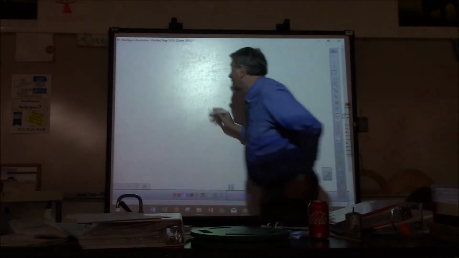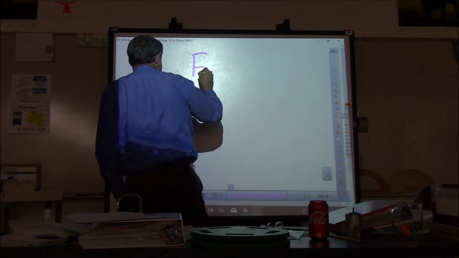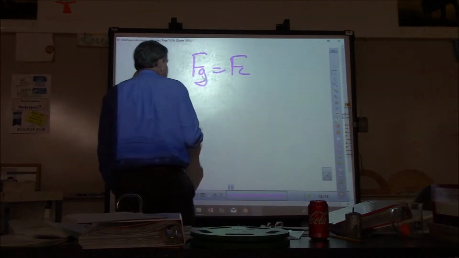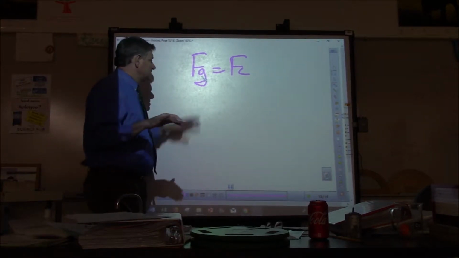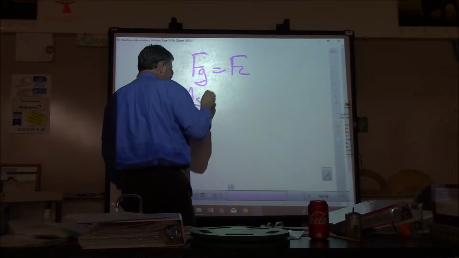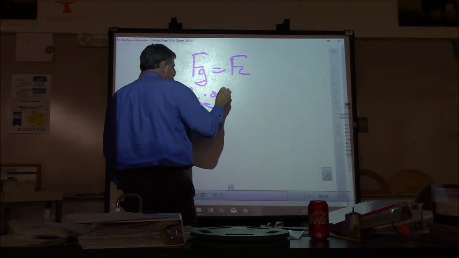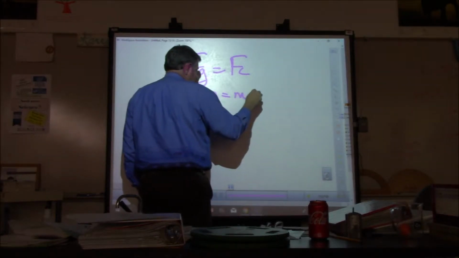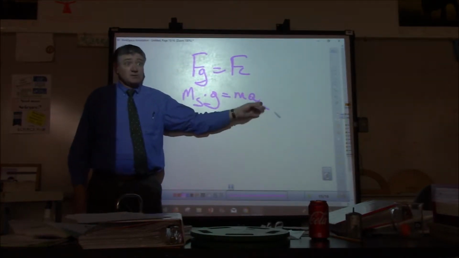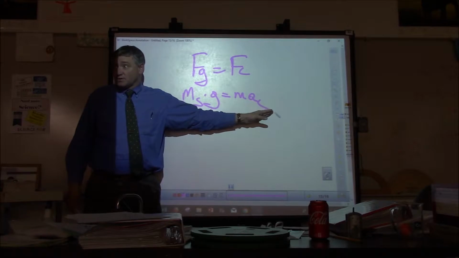Here's the story: the gravitational force is what's creating your centripetal acceleration. So here's the easiest way to look at this. The simplest way to calculate any gravitational force would be the mass of the satellite times g. Well, that equals mass times your centripetal acceleration, because that's the simplest way to express centripetal force. It's just mass times centripetal acceleration.